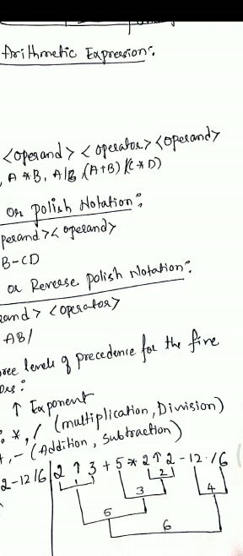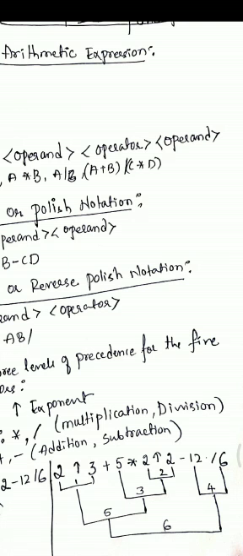Immediately after this the multiplication symbol is there, so 5 times the result of 2 exponent 2 will be evaluated next. Next the division 12 by 6 is evaluated fourth, and immediately the plus symbol is there, that is the result of 2 exponent 3 plus the result of 5 multiplied by 2 exponent 2 will be done next.